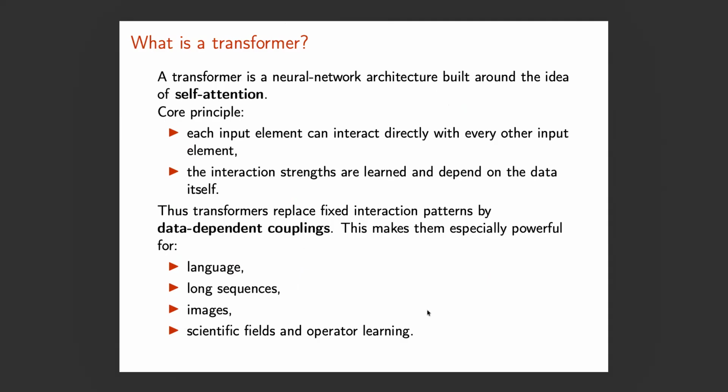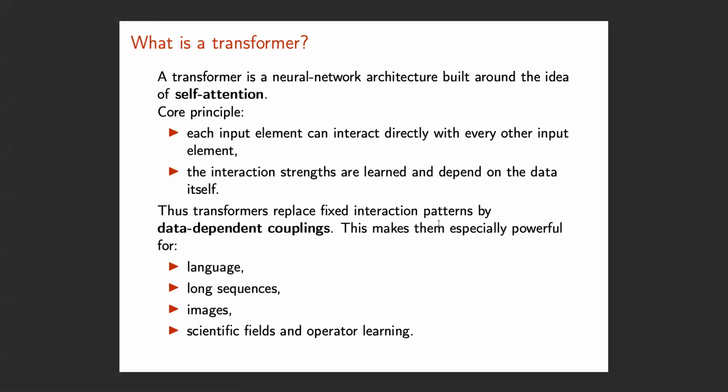Now, one of the big areas of application of transformers, which have in a way replaced recurrent neural networks. Recurrent neural networks have had a big impact on natural language processing, but transformers are the next step. And if you look at the way many of these translation softwares like Google Translate, just to give you an example, operate, they actually have transformers at their heart.